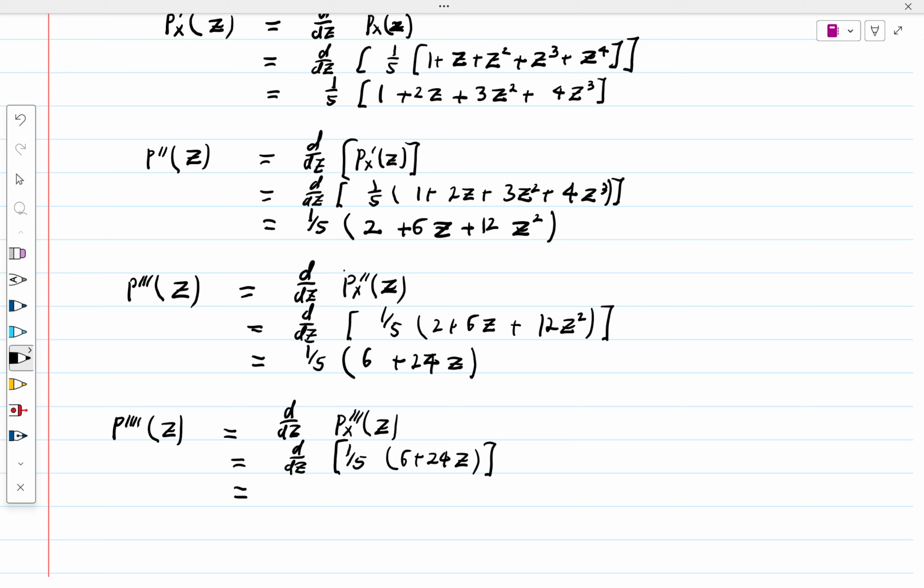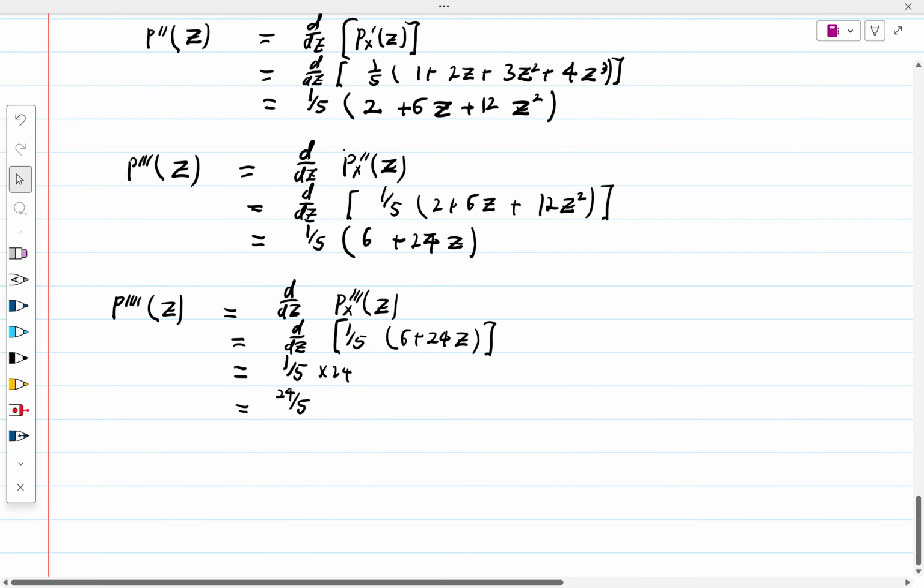In this instance, the fifth comes out as a scalar. And then the derivative of this whole expression here is simply 24. So we can say times 24, or in other words, 24/5.